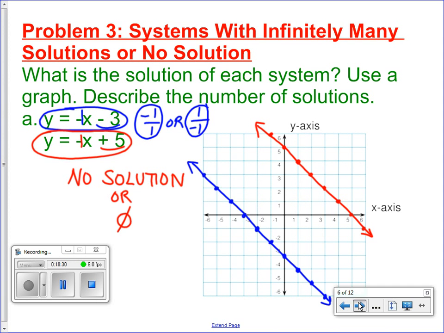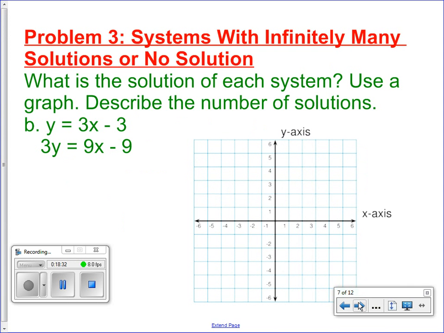All right, let's go to B. And the equations in B, you can draw an arrow to the middle graph, infinitely many solutions. All right, so here we go. Let's graph this one. And I'm going to use blue for the top equation. Y-intercept of -3.